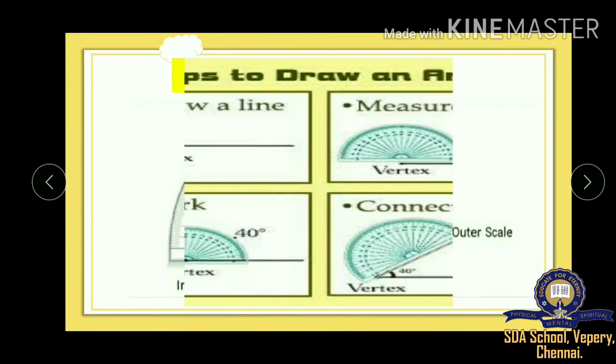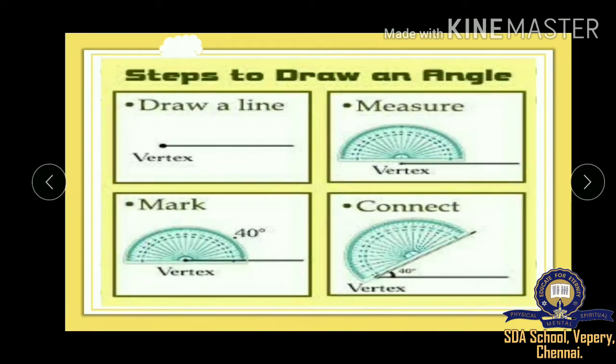Yes. Now we are going to see the steps to draw an angle. Step 1, draw a line and keep the point vertex. The second step, take a protractor and place the center of protractor on the vertex. The third step, keep a point at 40 degree.